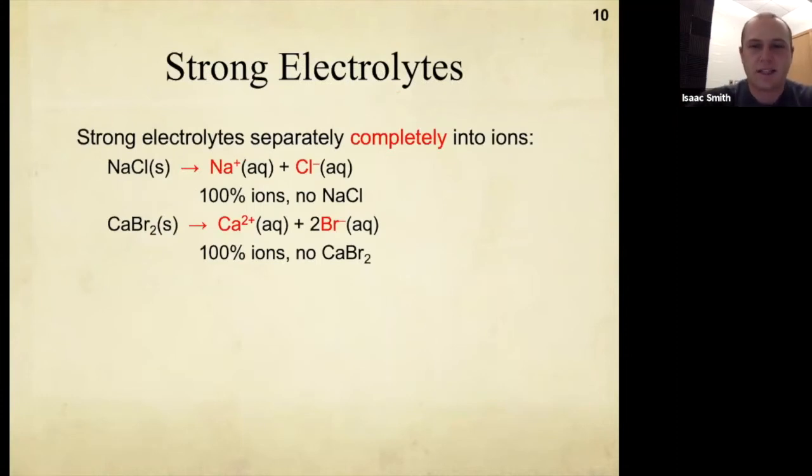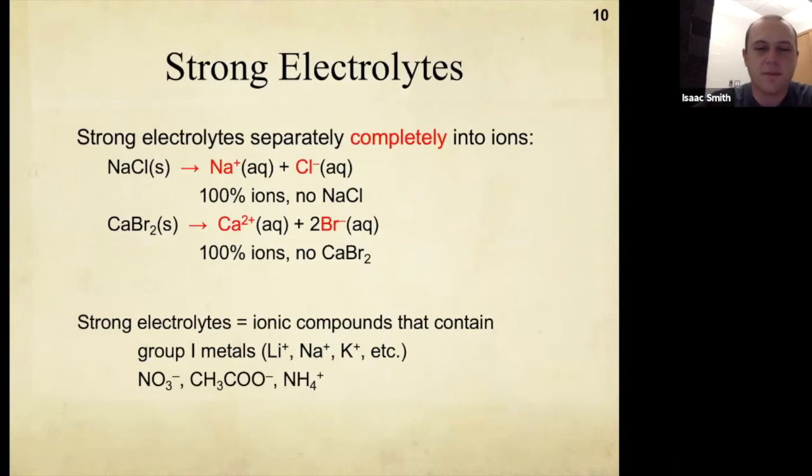Okay, so again, like I said, strong electrolytes completely separate into ions, or dissociate would be another word for that. So an example of those is sodium chloride, which we've talked about quite a bit so far. It would completely dissociate into sodium and chloride ions. Calcium bromide would completely dissociate into calcium and bromide ions.